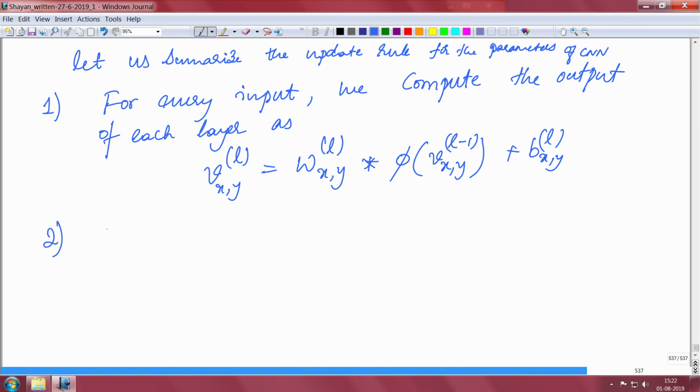Second step is to compute the error E at the output.